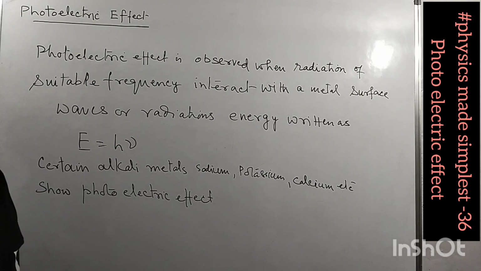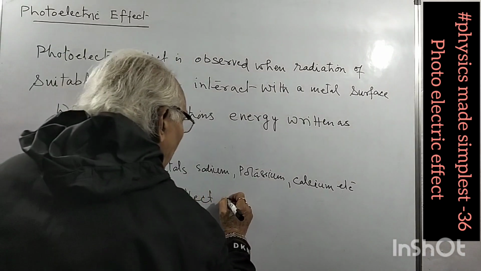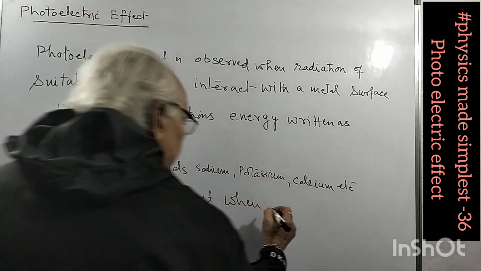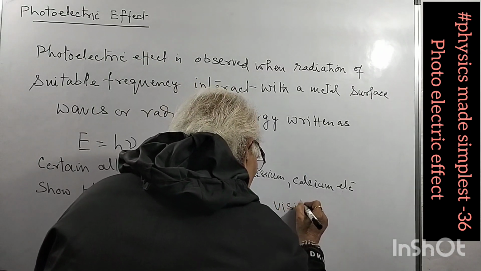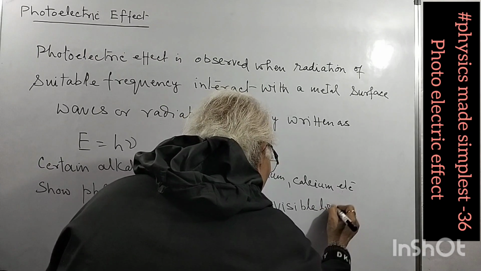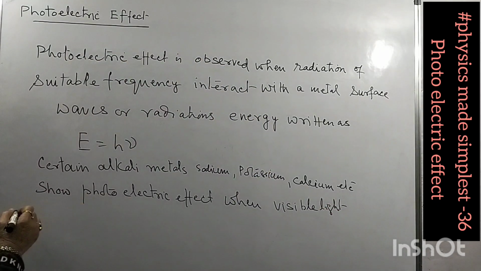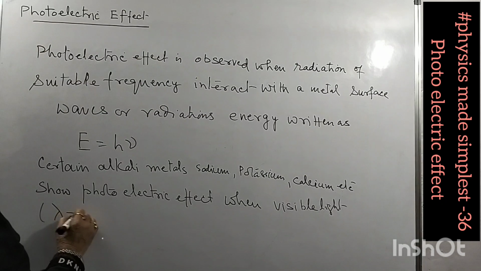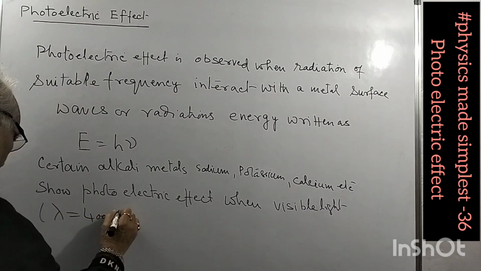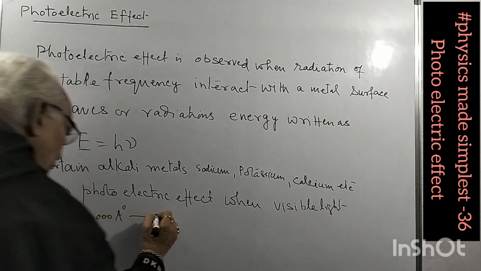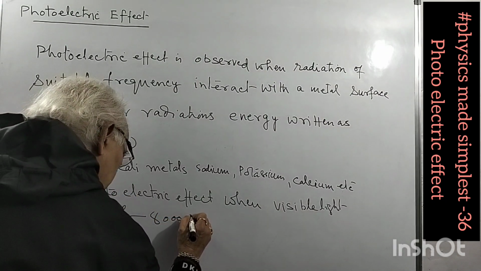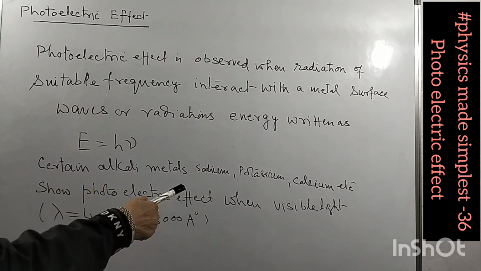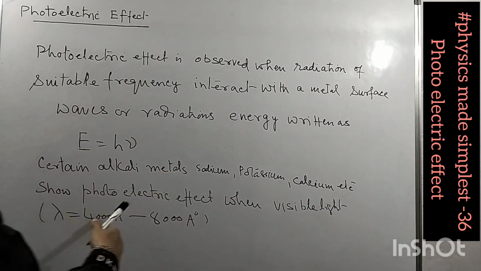When visible light, of wavelength lambda around 4000 angstrom to about 8000 angstrom, falls on them, certain alkali metals, sodium, potassium, calcium, etc., show the photoelectric effect.